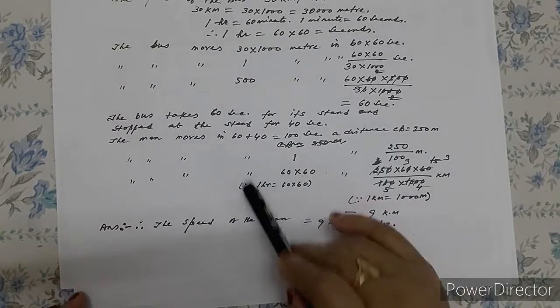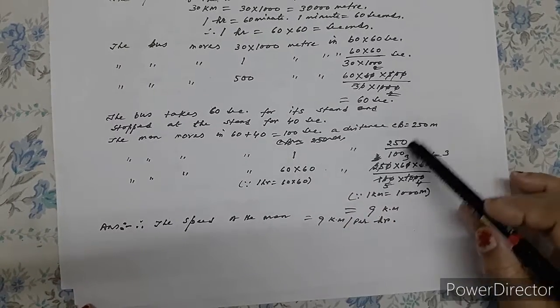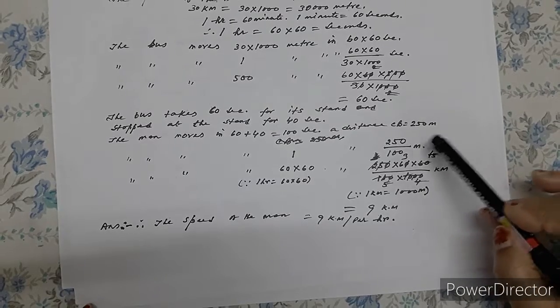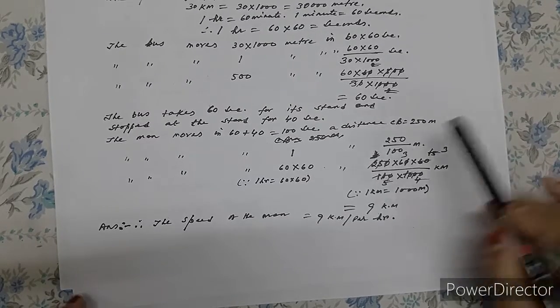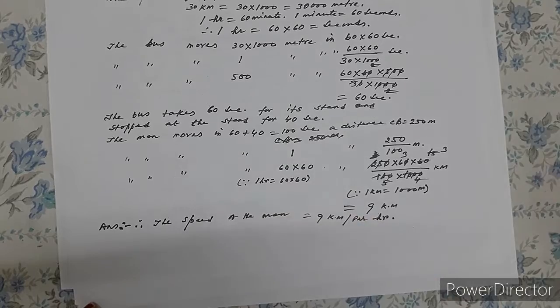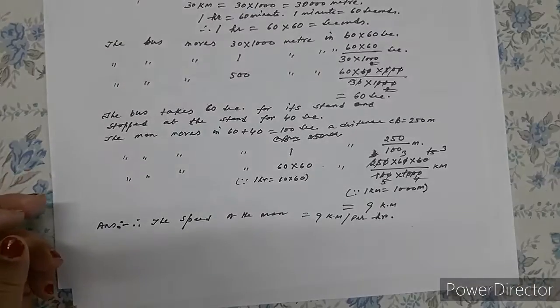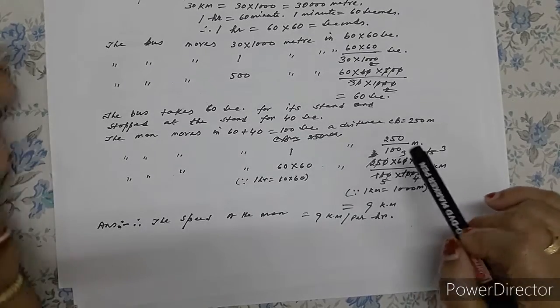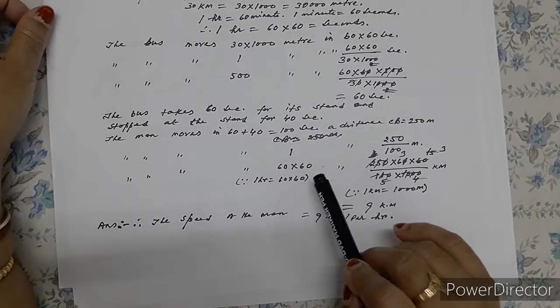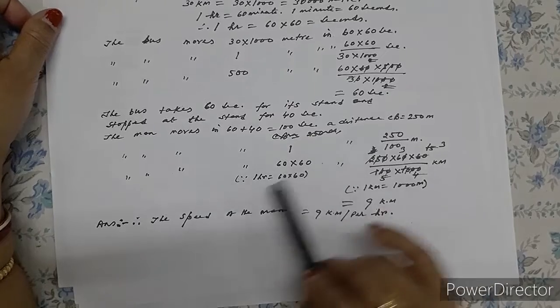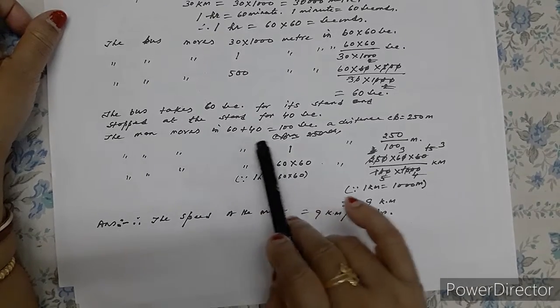The man moves 1 second, 250 by 100 meters. The question was, what was the speed of the man? We have to calculate the speed per hour. We know 1 hour means 60 into 60 seconds. So the man moves CB, 250 meters, in 100 seconds.